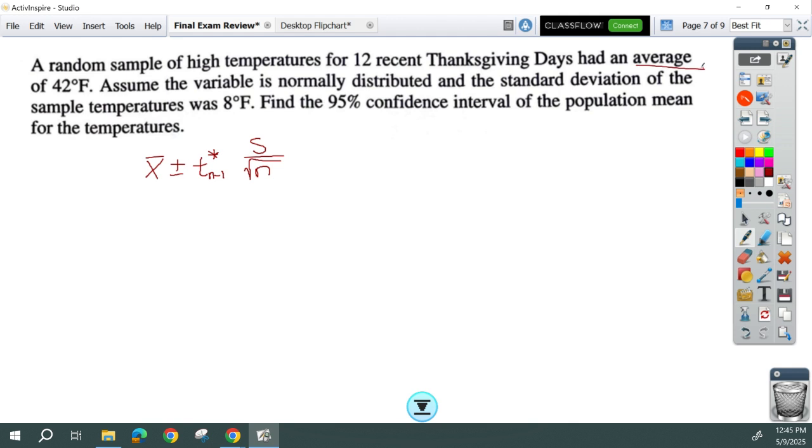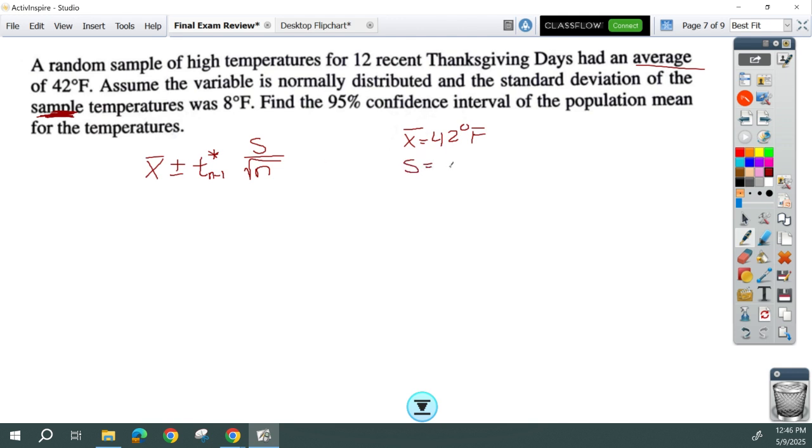We have an average X bar of 42 degrees on Thanksgiving Day. And they're giving us a sample standard deviation. That's the important keyword, sample. If it's population, you use Z star. If it's sample, you use T star.